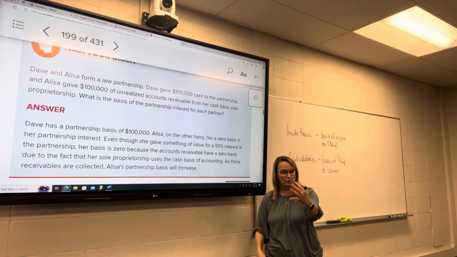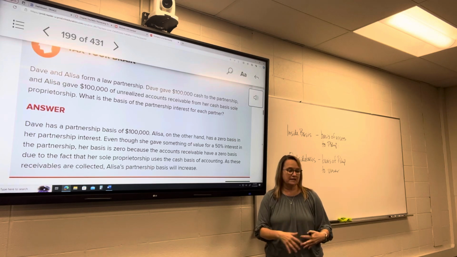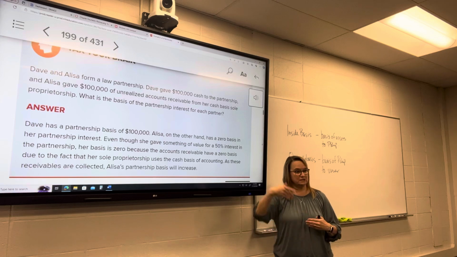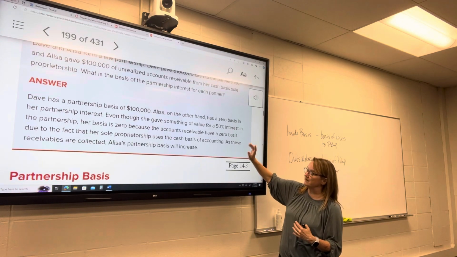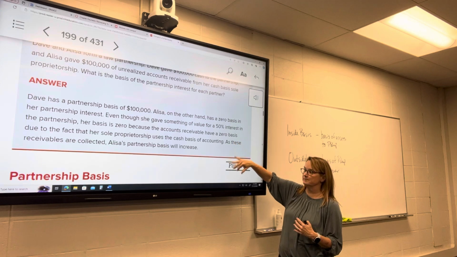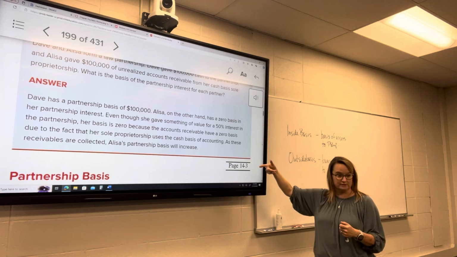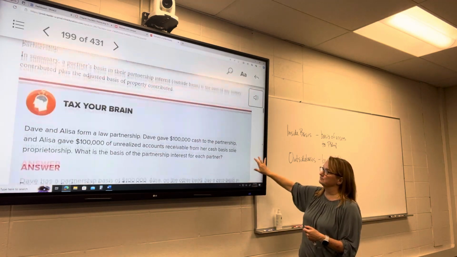So if they collect $20,000 of it, instead of that money going into her pocket, it's going to the law firm, right? So it's as though she contributed that. But right now those accounts receivable have a zero basis. As they are collected, that basis will increase, and it will increase her basis as well in the partnership.